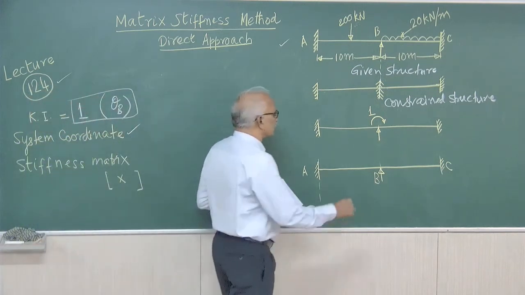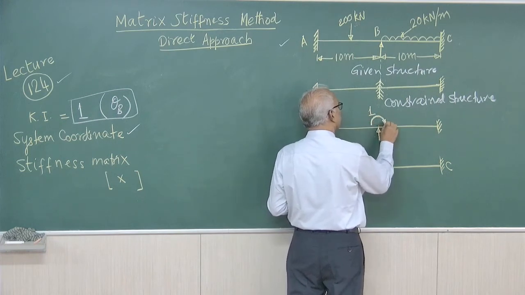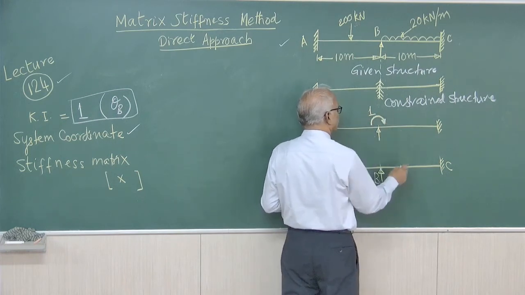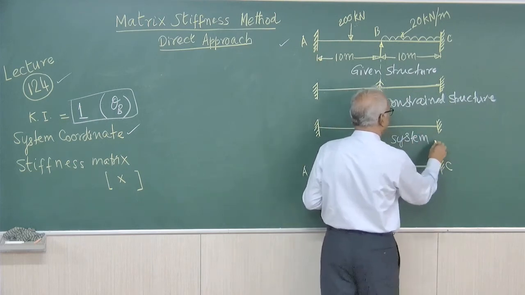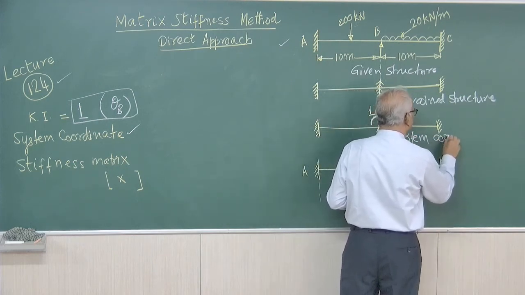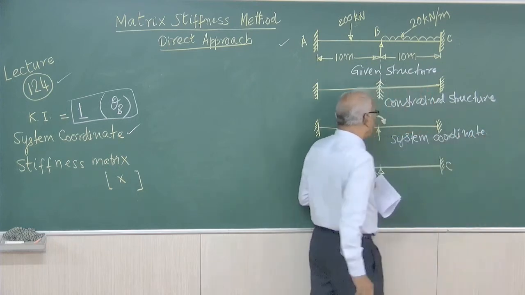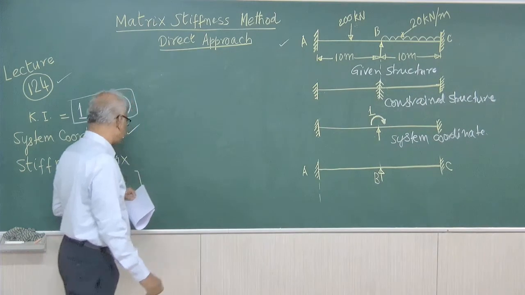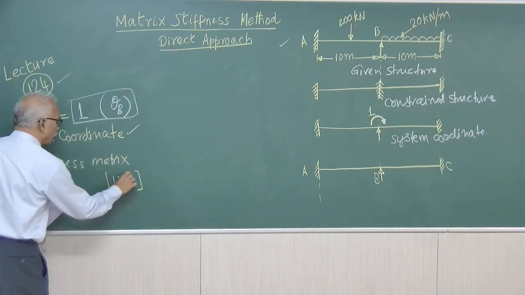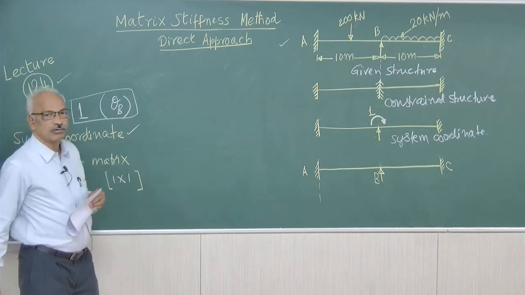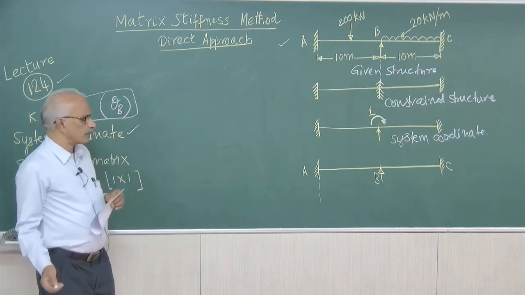In the given structure, the system coordinate is theta B. There is only one system coordinate. Therefore, the stiffness matrix will be of size 1 by 1. With this, let us start the problem.